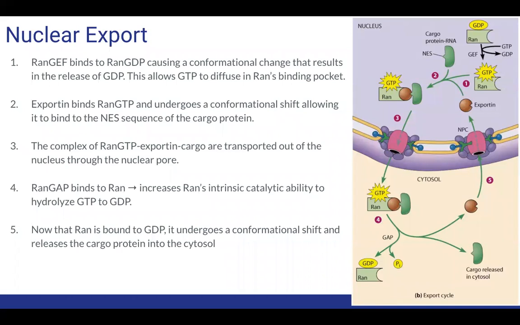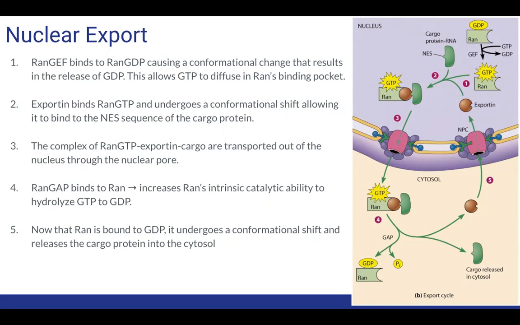Once it's bound to GTP, RAN, exportin, and its cargo protein are all able to bind together. And also notice that the cargo protein has a nuclear export sequence.